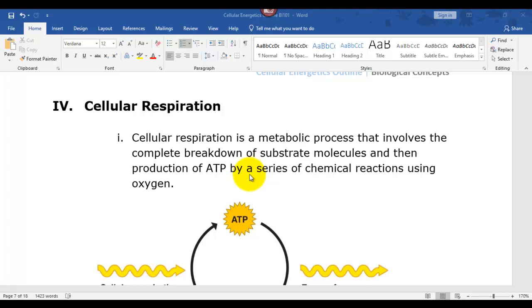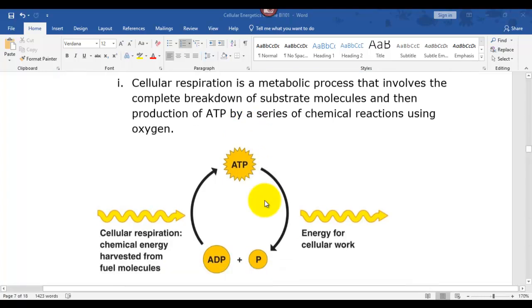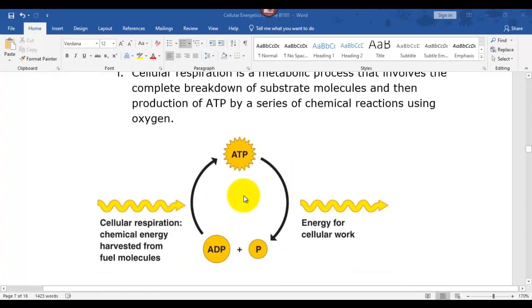So now we're going to talk about what are the ways that ATP can be produced. Now, this is a diagram based on the diagram I showed you earlier. Here's ATP, and there is an enzyme called ATPase that splits this into ADP, adenosine diphosphate, and a phosphate.